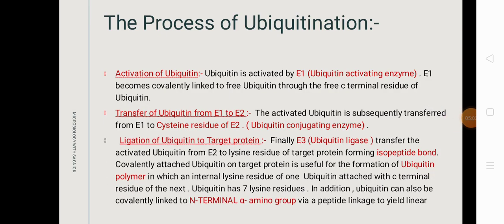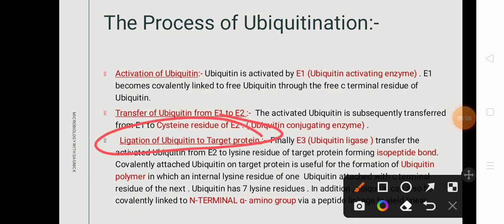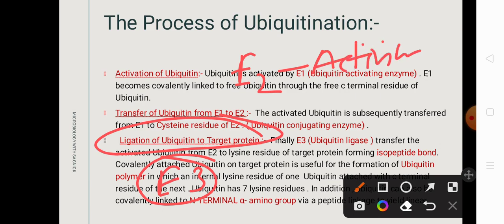Now in the third part, that is the ligation of ubiquitin to the target protein. Here what happens? This ligation of ubiquitin is done by E3, which is ubiquitin ligase. This ubiquitin ligase will take the activated ubiquitin from the cysteine residue of E2, and this activated ubiquitin will be transferred to the lysine residue of the target protein.